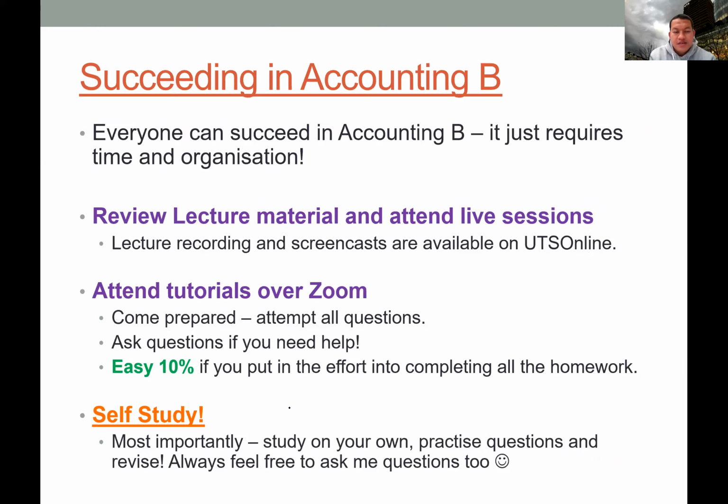Some tips for succeeding in this subject. I think it's basically the same tips for succeeding in Accounting A. The keyword is practice. This subject is not difficult, but it requires more practical or mechanical knowledge. So please practice more. Try to do the homework questions and self-study questions.